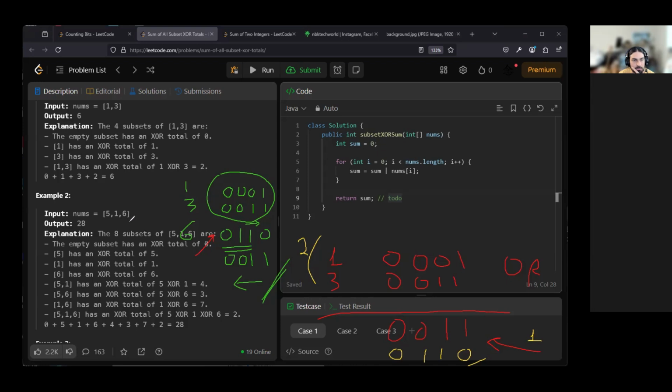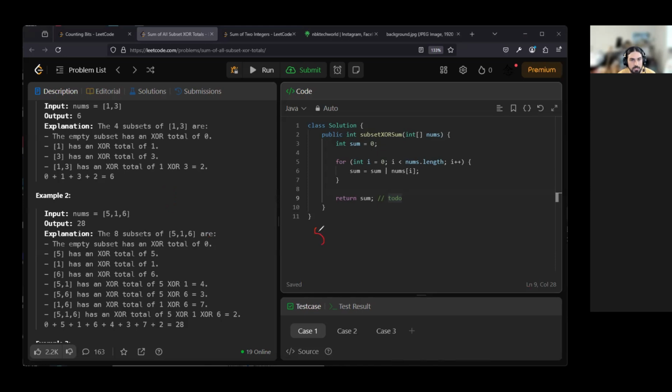5, let me write it here. 5, 1, 6. Let's OR them all up. So what is the 5 again? It's 4 plus 1, right? What is the 1? Is just like this. Remember, this is 1, this is 2, this is 4. And then we've got the 8 and the 16.